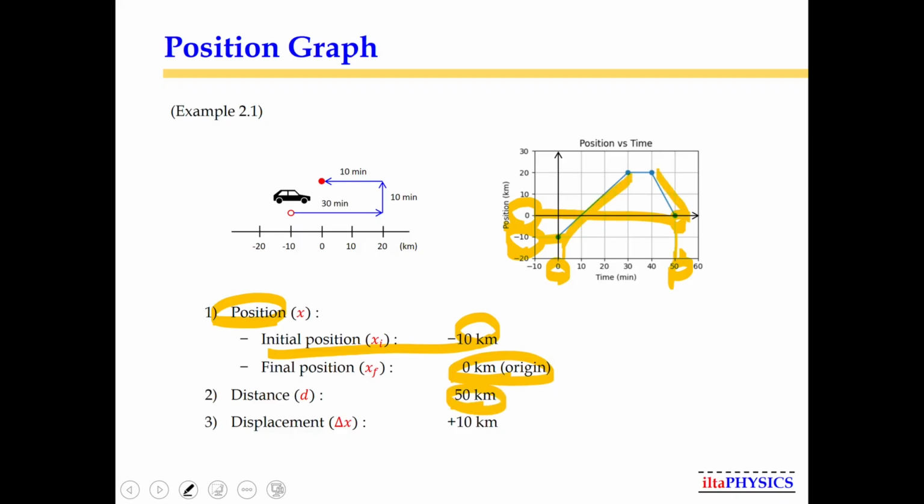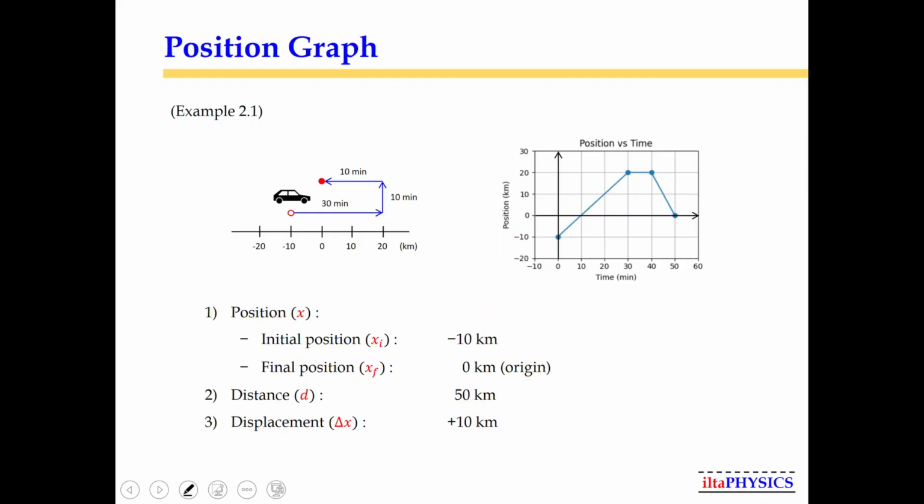The overall change in position, or displacement, is from minus 10 kilometers to 0. So yes, the car moved 10 kilometers to the right. This explanation doesn't come from words, but from reading the graph. In other words, the position graph quantitatively describes the object's motion.